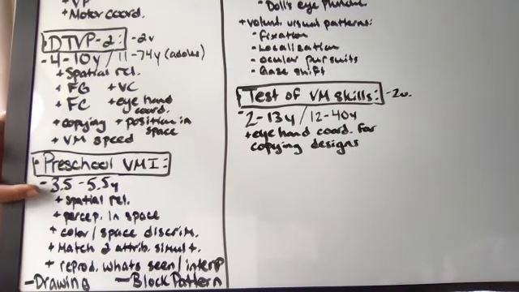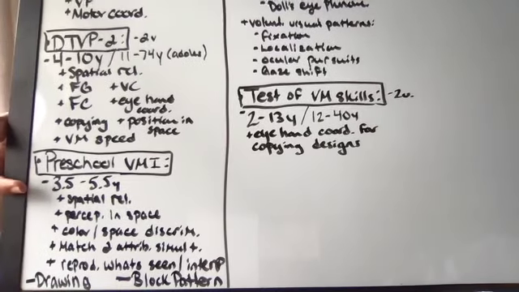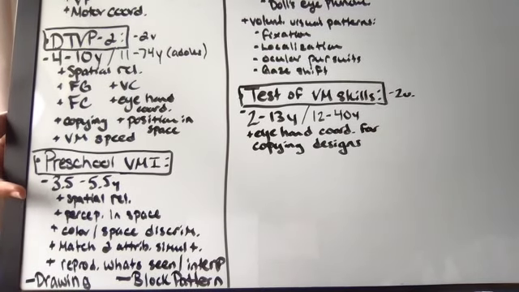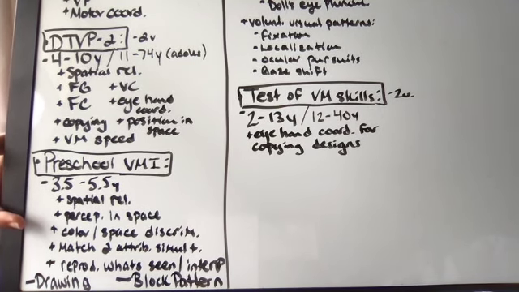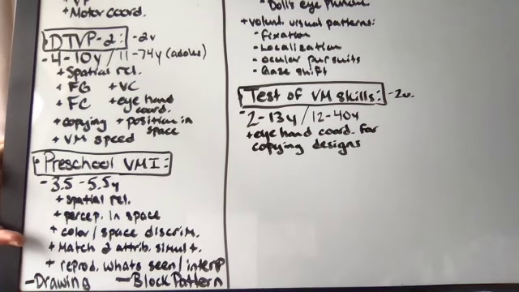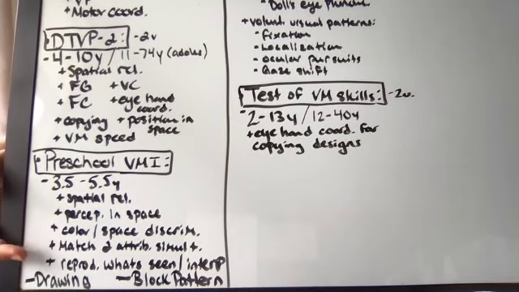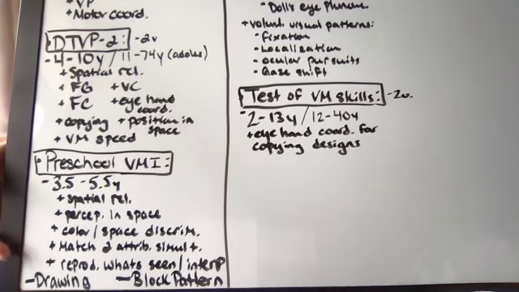These subtests are going to look at these various different areas of assessment. They're going to look at the child's spatial relations, their perception in space, color and space discrimination, ability to match 2 attributes simultaneously, and the ability to reproduce what's seen and interpreted.